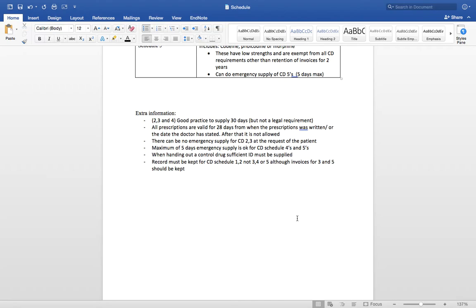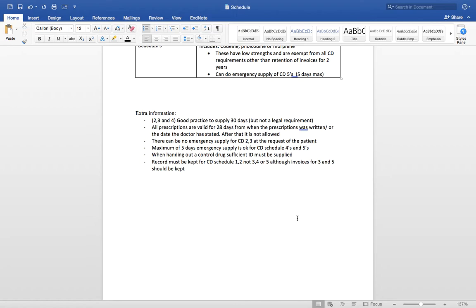You have to count it from the day that prescription was written up, or the day that it's stated in the prescription, because sometimes a prescription could be printed out on one day, but there might be a note saying to dispense after a few days. Then you'd count 28 days from the date it actually states on the prescription, not the date it was printed out, if that makes sense.